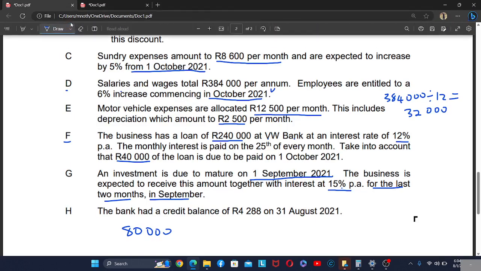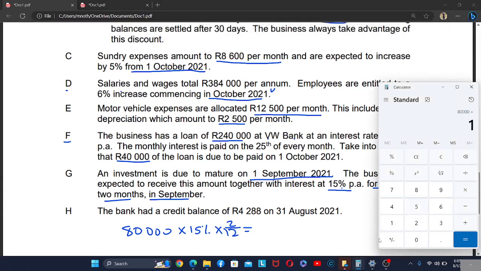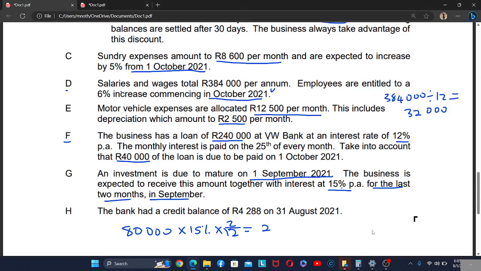But then we are told that the business is expected to receive, together with an interest of 15% per annum, the interest for the last 2 months in September. So multiply by 2/12 because we want the interest of 2 months. 80,000 multiplied by 15% multiplied by 2 divided by 12 is going to be 2,000.